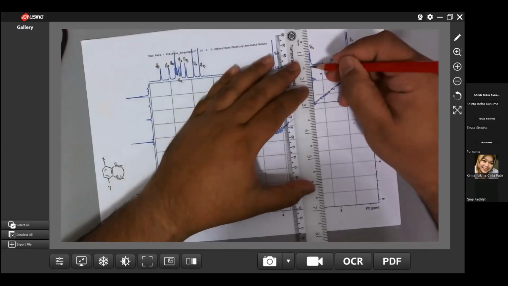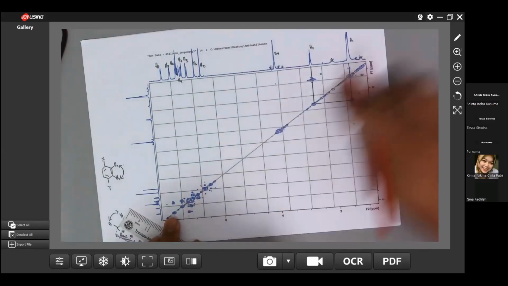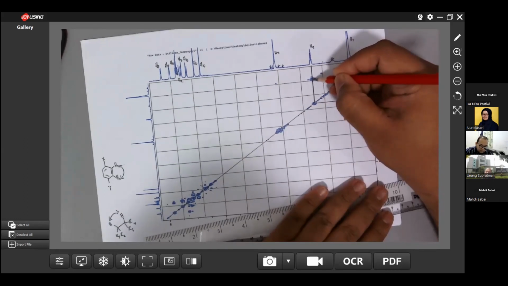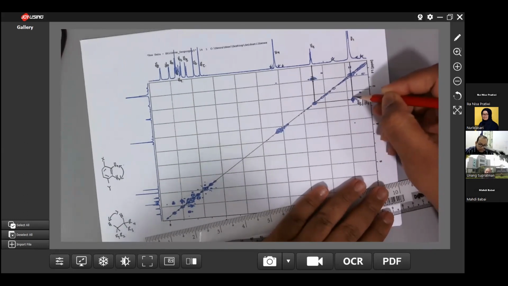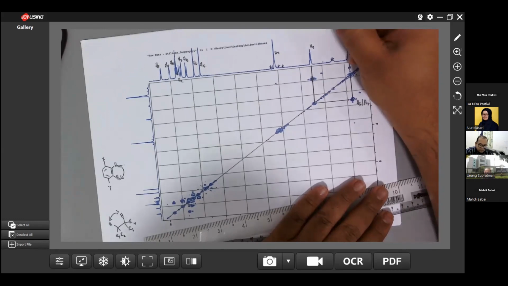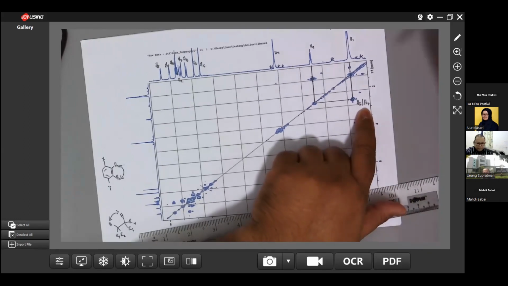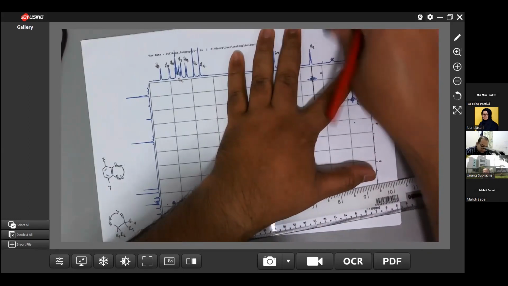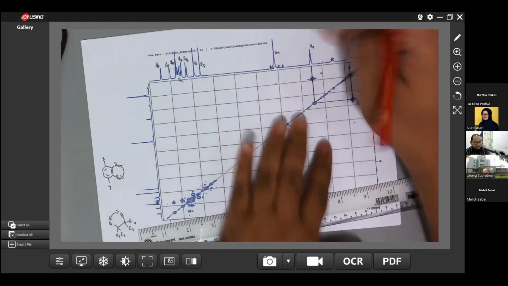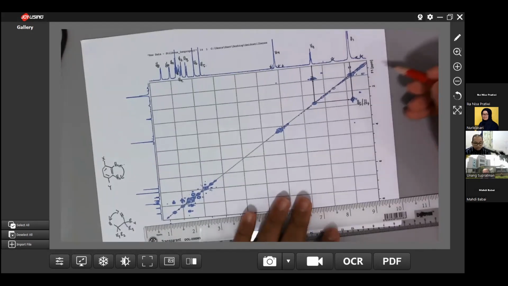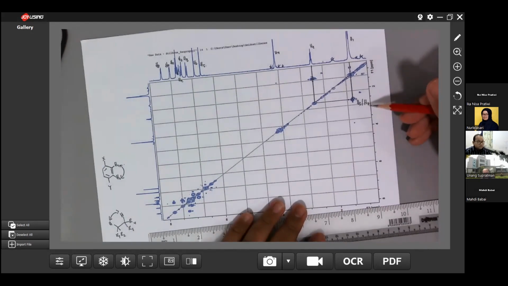Make sure the straight line touches this particular line. This contour is a reflection of this contour. After that, we can see H3 is near to, beside, H1. This is the first piece of information that you have.